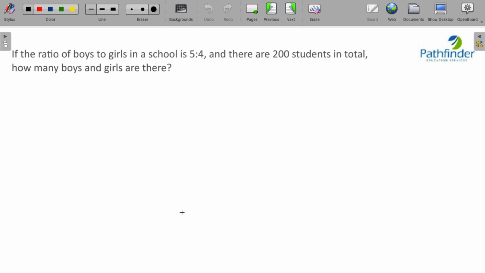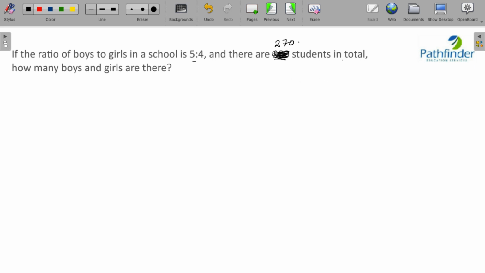Next, the ratio of boys to girls in a school is 5:4, and there are 200 students in all. How many boys are there? Okay, now you can't have 200 students, so I'm just modifying this number to some other number. Let's say 270 students in total.